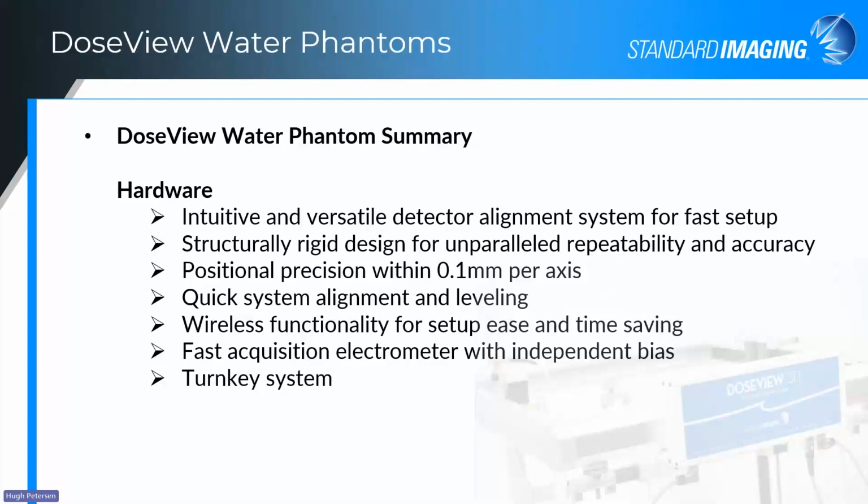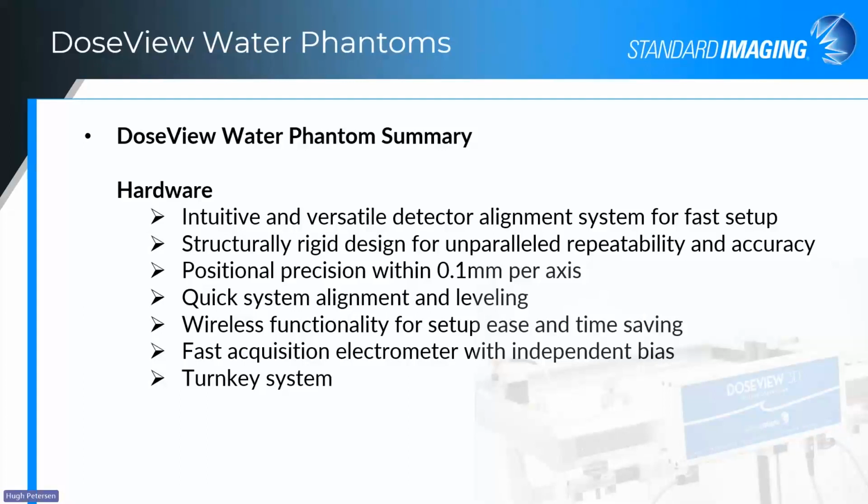Something I don't think I mentioned specifically, but if you remember back to the chamber holder slide, we do include chamber holders for a whole host of detectors, specifically for our A28s. But then we also have a universal holder that will hold just about anybody's cylindrical chamber.